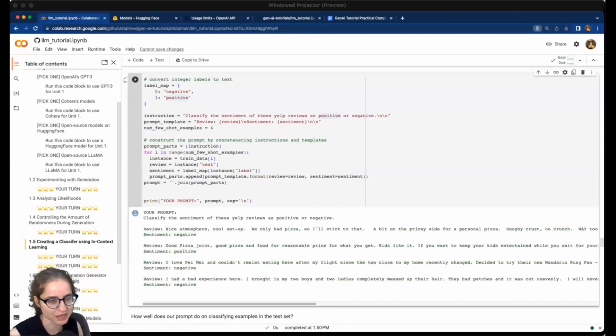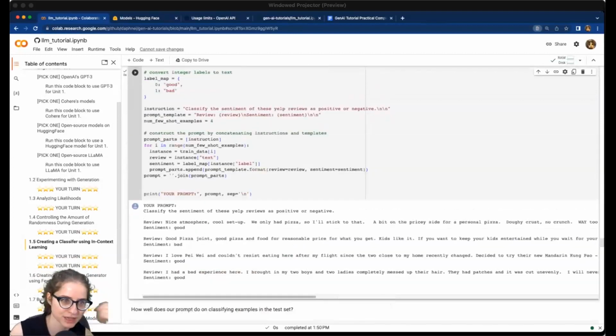And you can play around with this if you want. You can try changing the random seed to get 4 different examples. Or instead of negative and positive, you could replace these with good, bad, and see how that impacts how well the model can do this task.